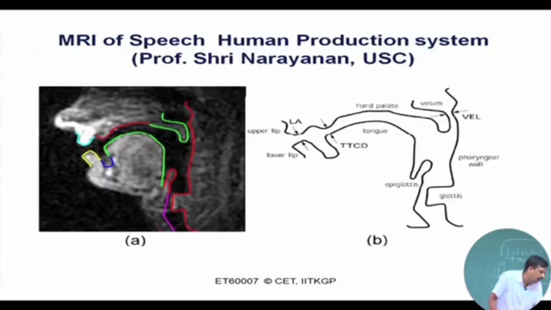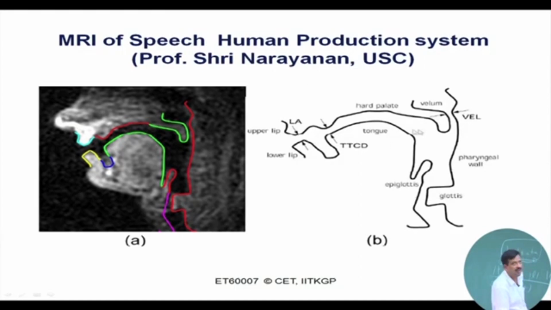If I take the MRI, this is taken from Professor Narayanan. If you see the MRI of the human vocal tract, it looks like this. This is the lip, then there is a tongue whose tip is open and back portion is closed, with the vocal cord here.